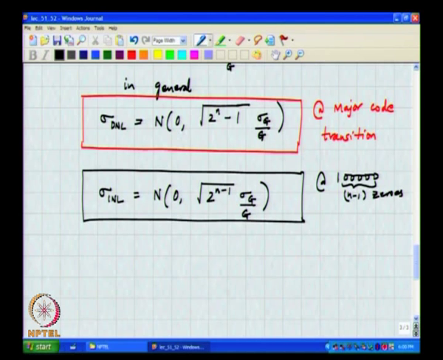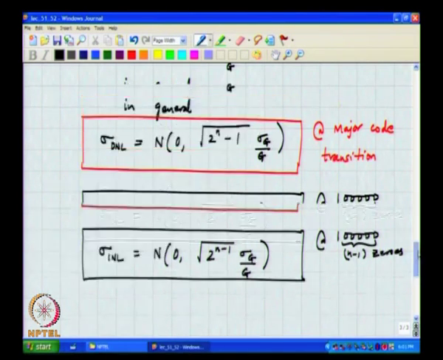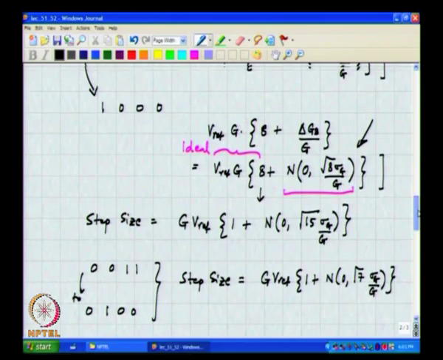Right. This is clearly the worst case INL, because for all other codes that number will be small. Right.